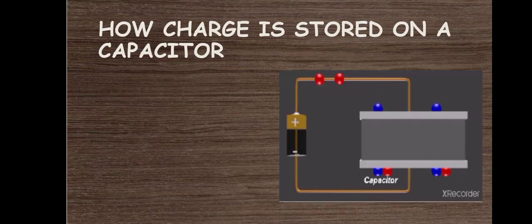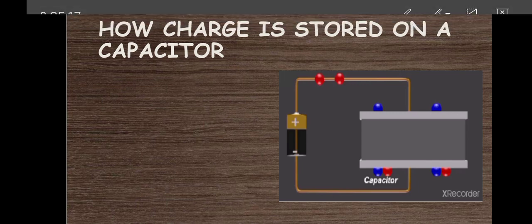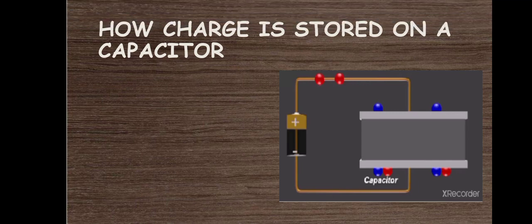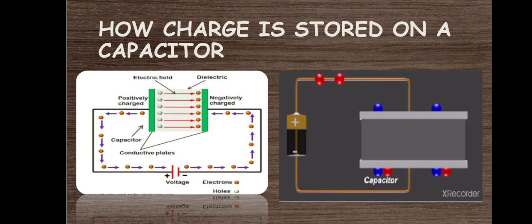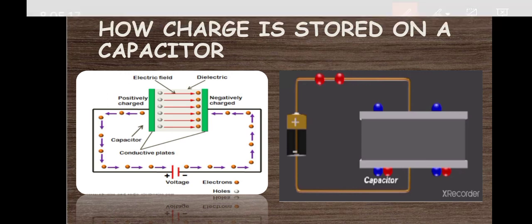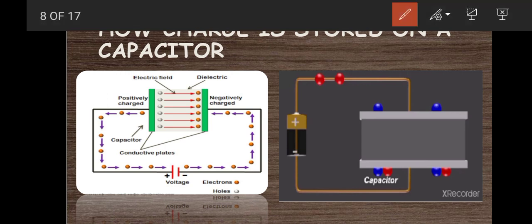Now how is charge stored on a capacitor? As we have discussed, a capacitor is used to store charge on it. So how is it done? Here you can see a capacitor, a parallel plate capacitor.